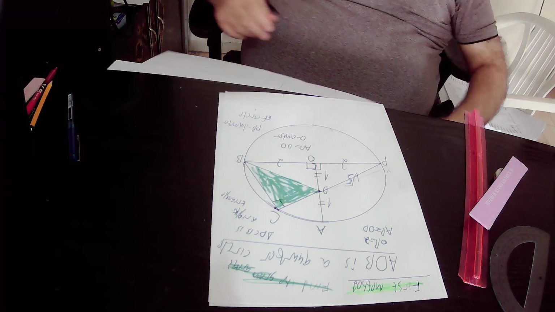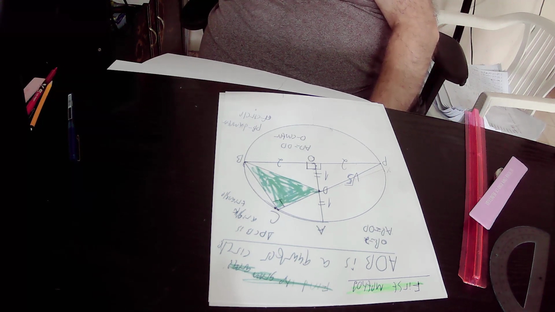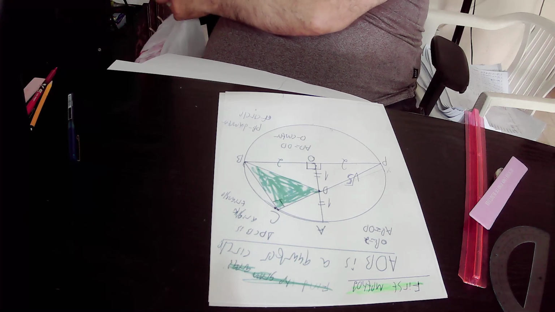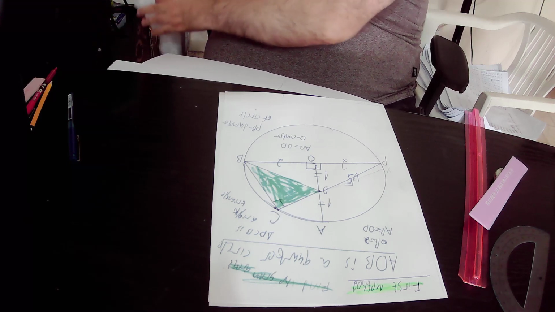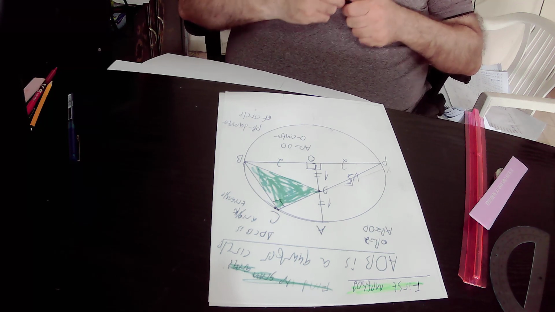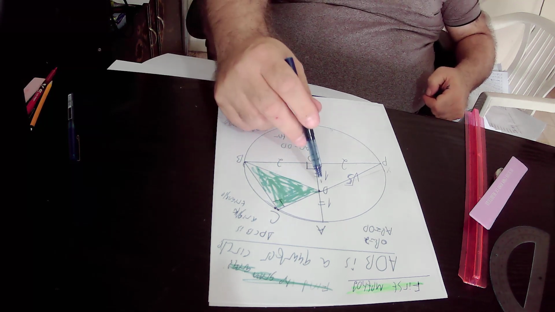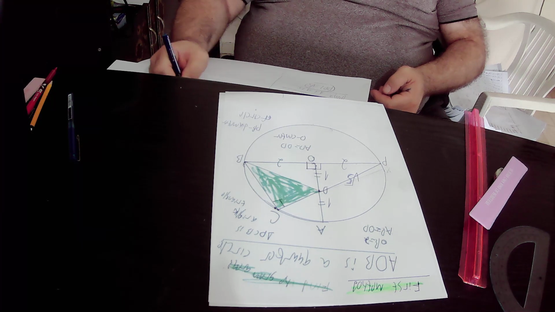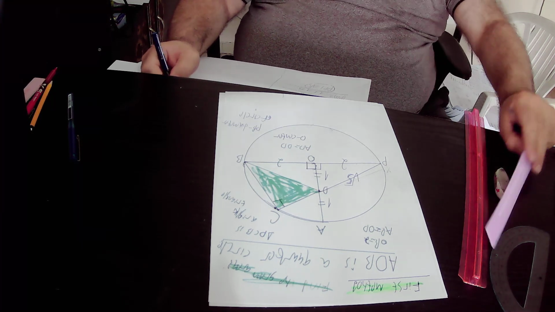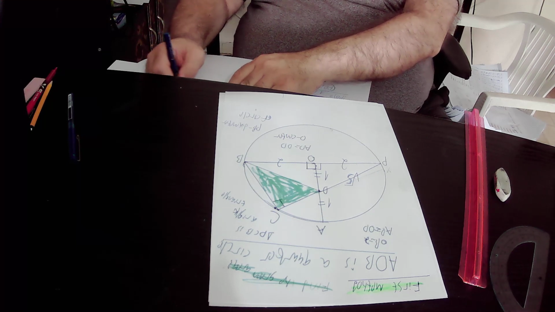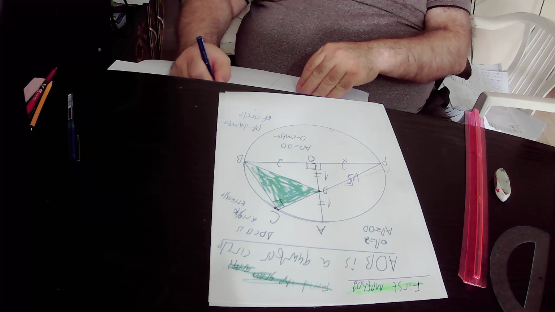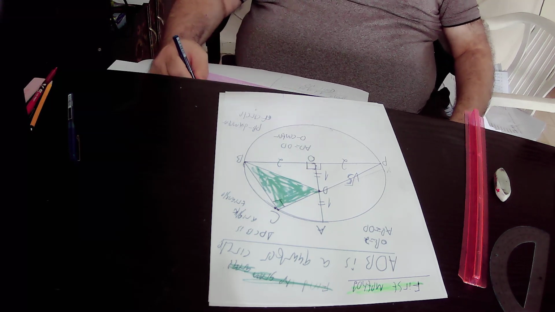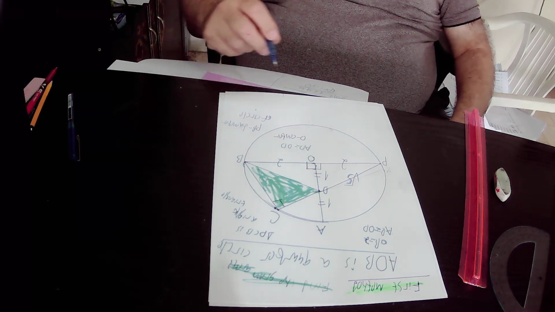According to the Pythagoras theorem, the square of the hypotenuse equals the sum of the squares of the perpendicular sides, that is to say, DB square equals DO square plus OB square.